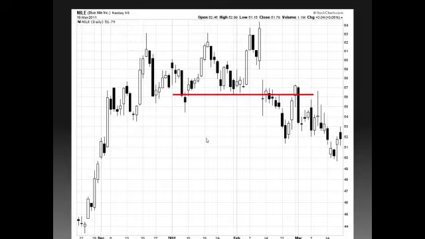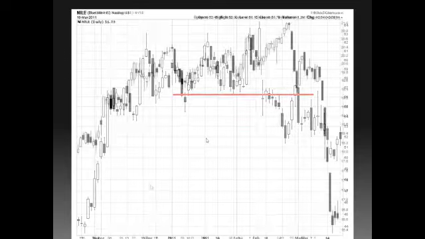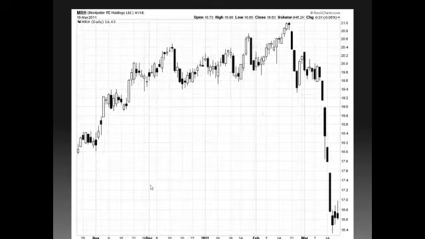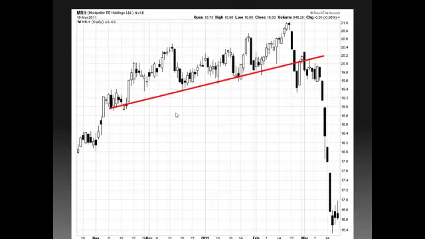One more chart here, just so you get the idea. Okay, the last chart we're going to look at is a chart of Montpelier Holdings, and the reason I chose this chart to show you is that we not only broke a support level and successfully failed the retest, I guess, but I wanted to show you this because it's not horizontal support that we failed.